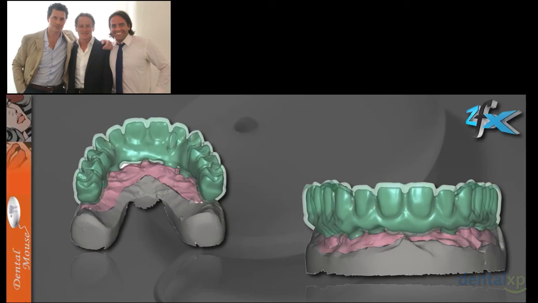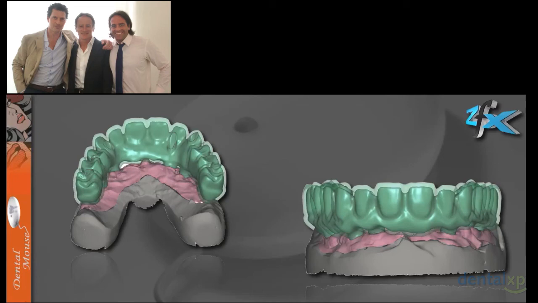You can actually build them to make them stronger, because we know that where the holes are is a less strong point. So you can build them as you want in order to make them more resistant, and you can actually build them in zirconia.